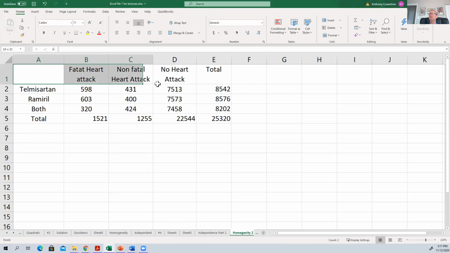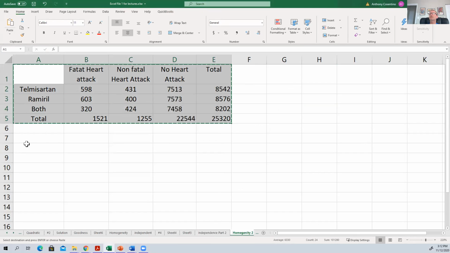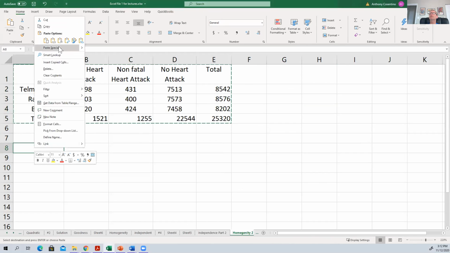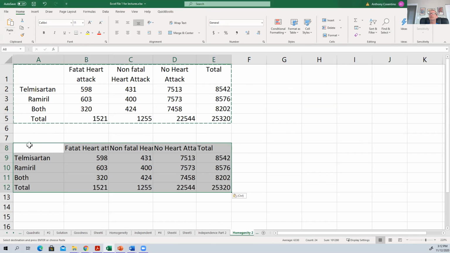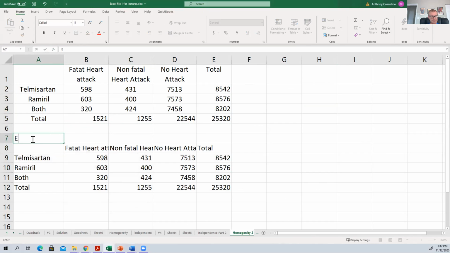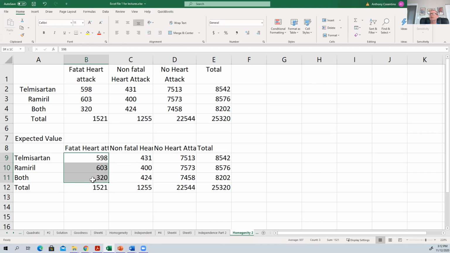And so again, the best way to do that is to set up another table here. And this would be our expected value. So what we'll do here is get rid of this and do the expected value calculation.